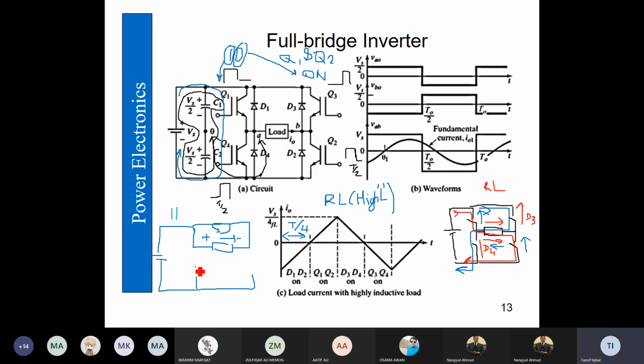When we have both lower switches on, this state is 0 0. These two states are called zero states because in this case there is no DC voltage appearing across the load. That means there is no output across the load.